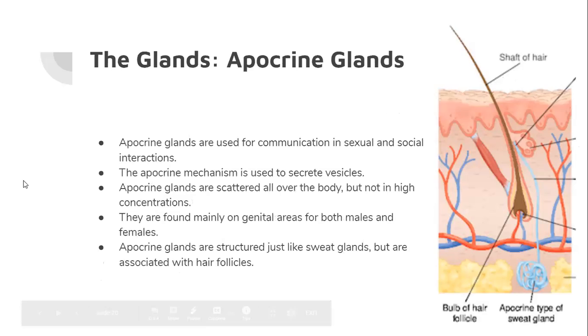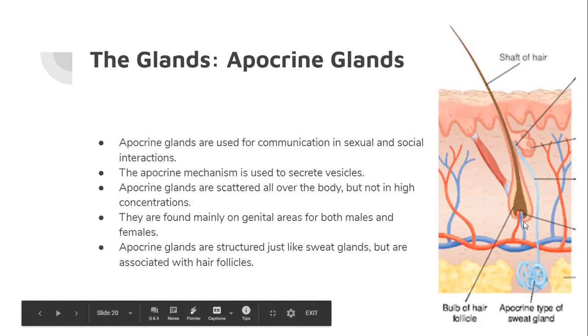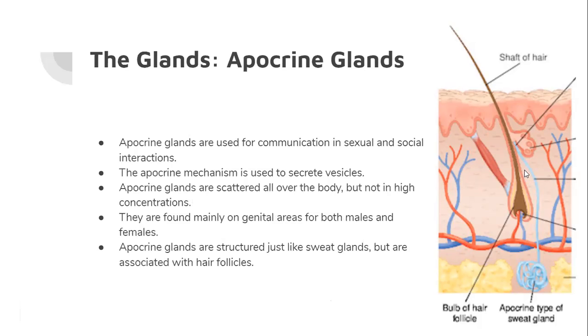So the apocrine cells, or apocrine glands, sorry, form also attaching to the hair shaft, and so it is long and very coiled at the end. There's no bends. This is actually the same structure as the sweat gland, except this gland is associated with the hair follicle. Now, the sweat gland is not associated with the hair follicle.